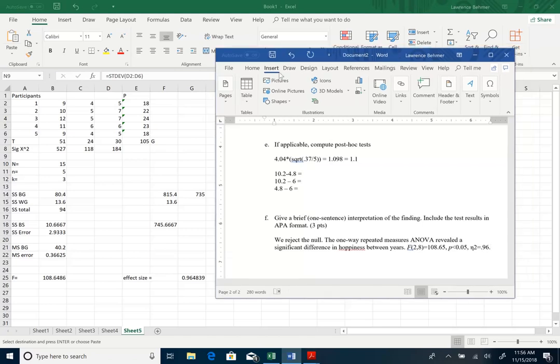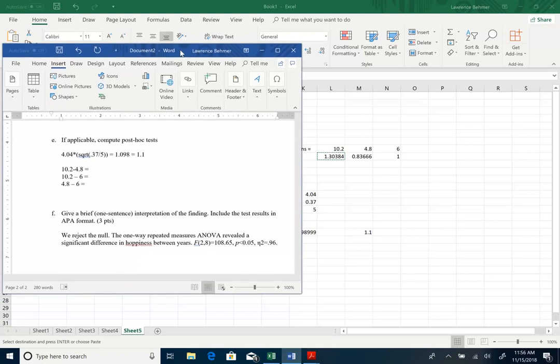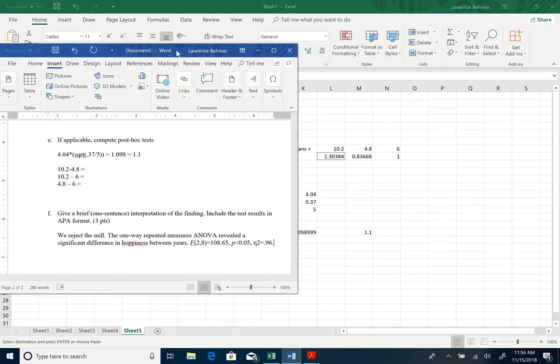Okay, and now let's just show how our comparisons of means worked. Post hoc analysis revealed that 2018 hops, how do I want to say this? Hops were hoppier? Oh, bitter, that's it.